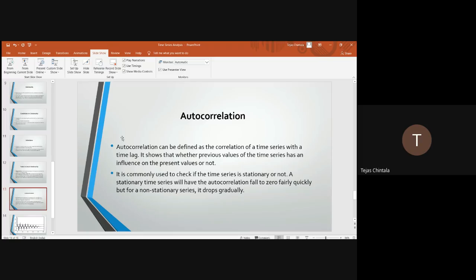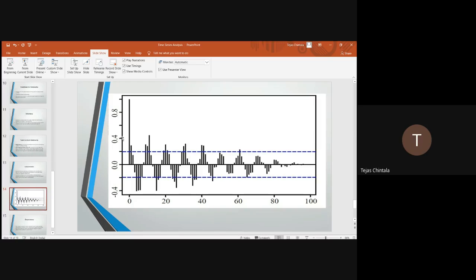It is also commonly used to check if a time series is stationary or not. That's another point on stationarity. A stationary time series will have an autocorrelation that falls to zero fairly quickly, but for a non-stationary series, it drops gradually. So here there's a graph.